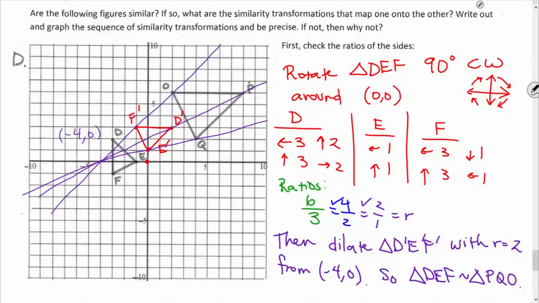So we would need to dilate triangle D prime, E prime, F prime with a scale factor of 2 from the center point (-4, 0), and that'll map triangle D prime, E prime, F prime onto triangle PQO using only similarity transformations, a rotation and then a dilation, and that proves, or shows, or verifies that triangle DEF is similar to triangle PQO.